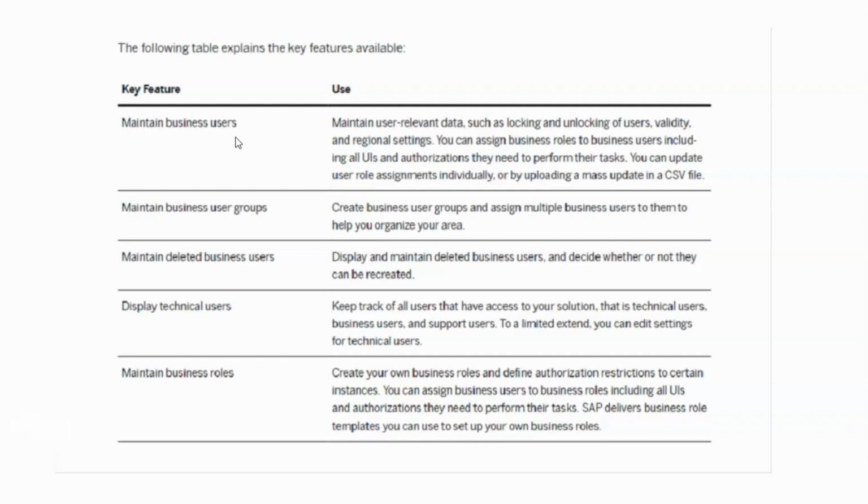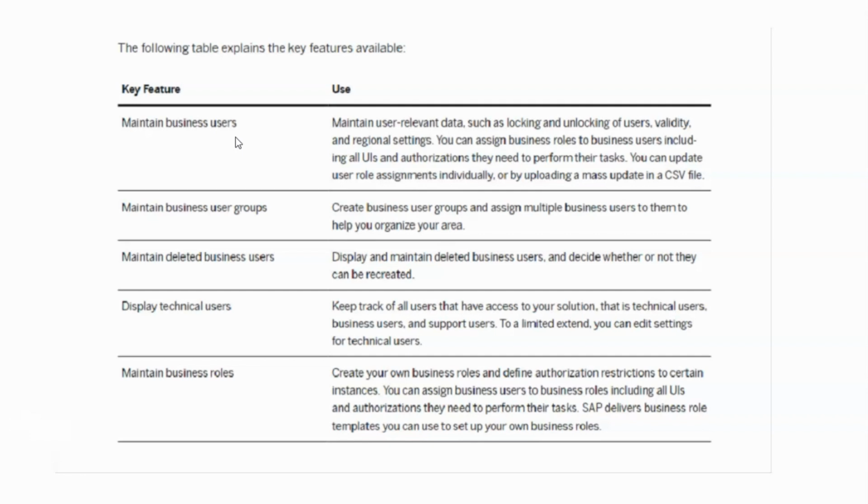Now, to maintain the business roles, we can create our own business roles and define authorizations. We all know that we already have some standard business roles. Now we can create our own business roles as well and define authorization restrictions to create instances. You can assign business users to business roles, including all UIs and authorizations they need to perform their tasks.